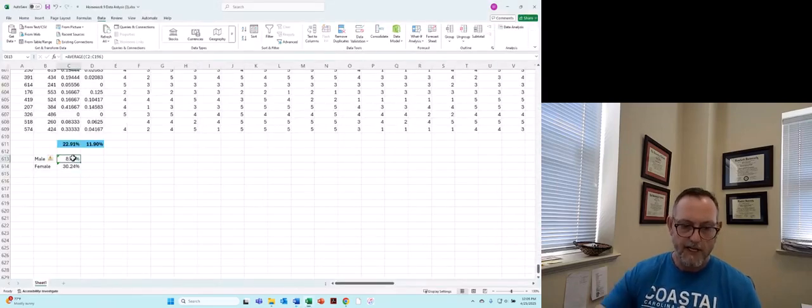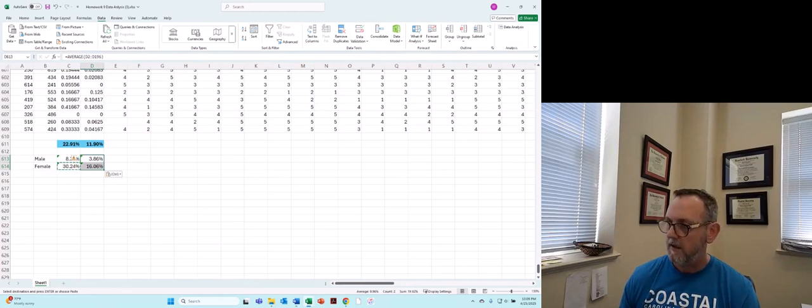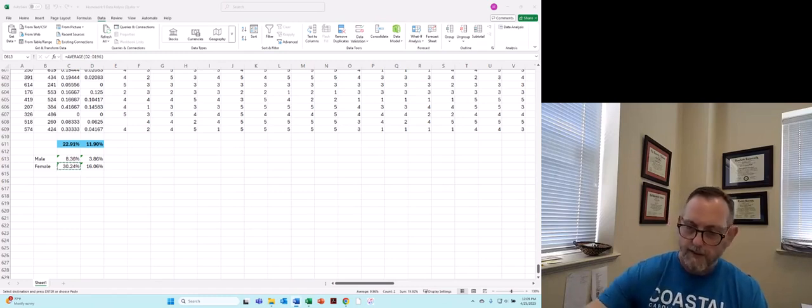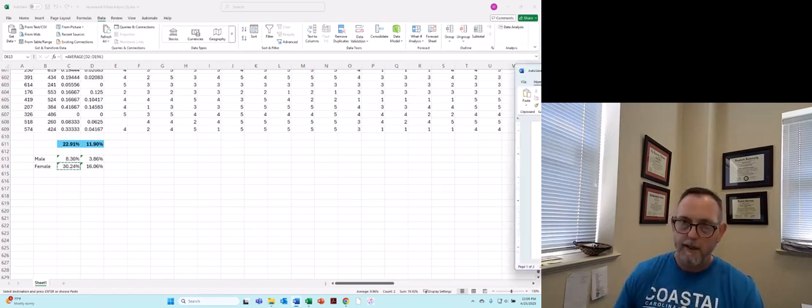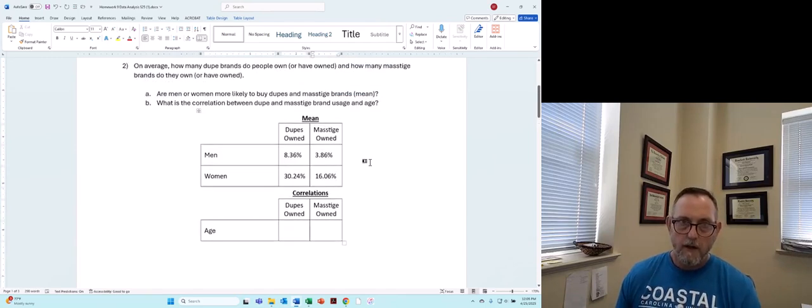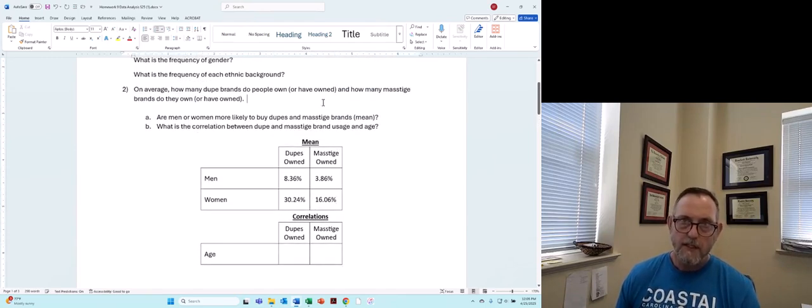So let's also look at the masstige, and let's see if the same types of relationships exist. And wow, look at that, 3.86%. I'm just filling in my form here, and 16.06%. Okay, so that's a big deal.